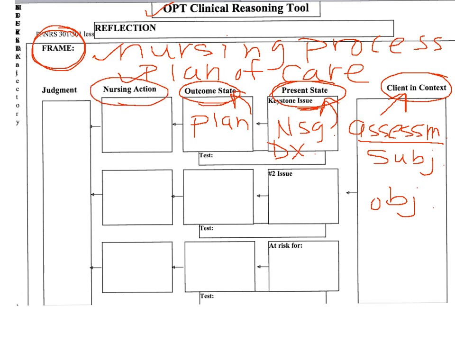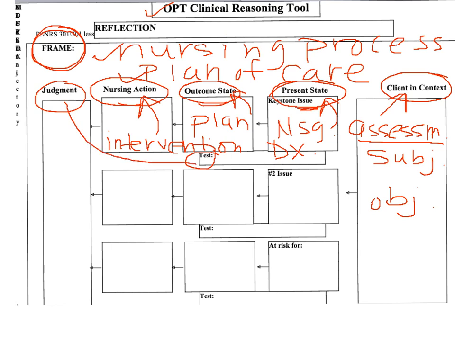In the OPT language, we use the word nursing action or nursing actions. In the nursing process language, this is synonymous with interventions. Intervention, okay? So intervention means nursing actions. And then in the OPT language, test and judgment go together.